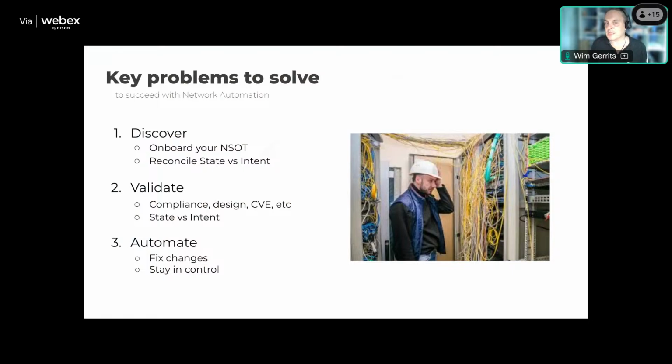Let me go straight to what we see as the main challenges. Over the last, let's say, 5 to 7 years, we've seen the network automation community evolve to at least start using things like NetBox, and there are alternatives, but most people know that. So how do you start, instead of an Excel sheet, having your information somewhere centrally?